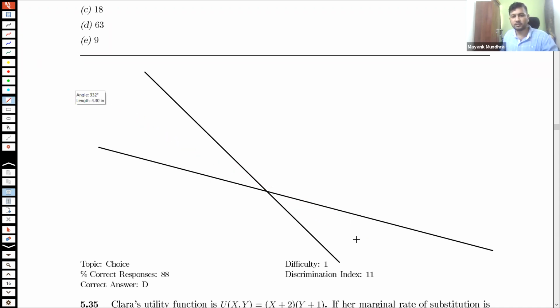Sorry, not my indifference curve, but the slope of the indifference curve is passing through them like this. What it means is that my indifference curve could take this particular format. Okay, it can take this particular format.